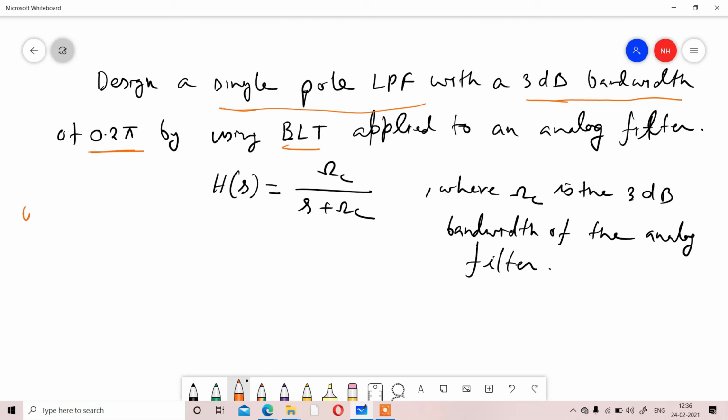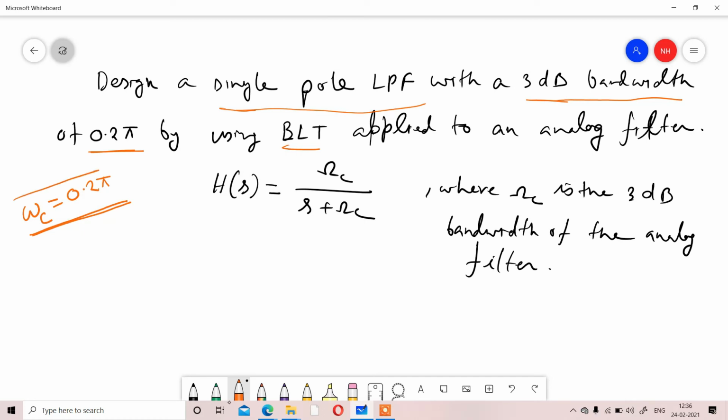Means the digital filter frequency is the digital frequency, and that digital frequency is also the 3 dB frequency. Means that is the cutoff frequency, 0.2 pi, that is given. That is the condition.